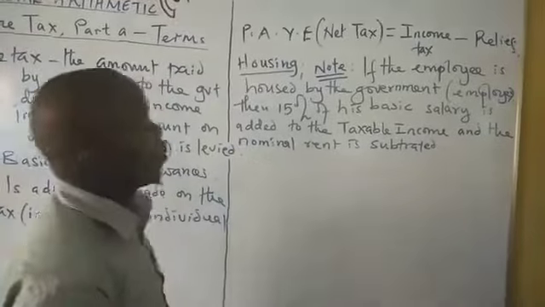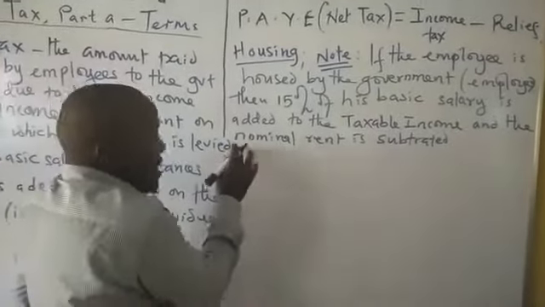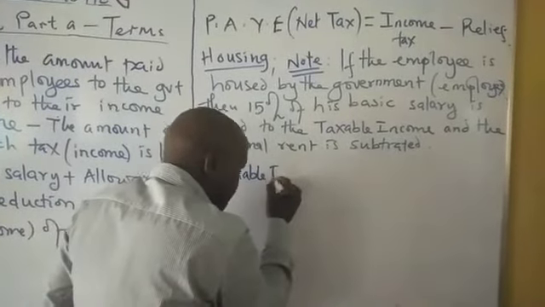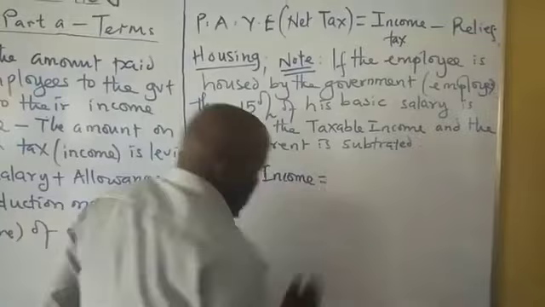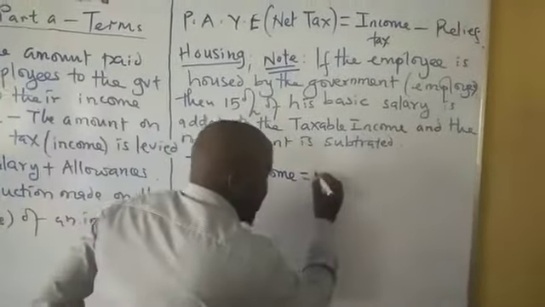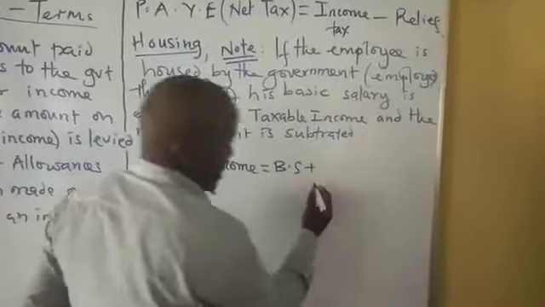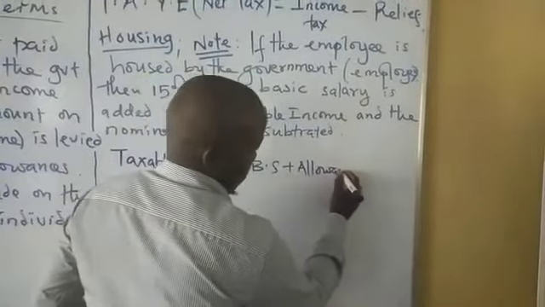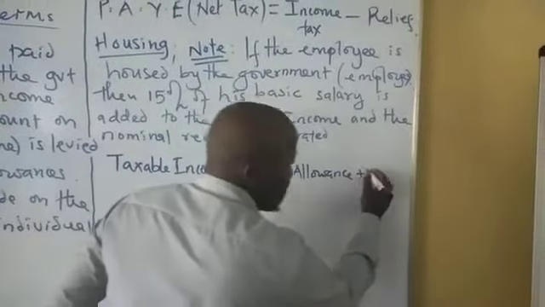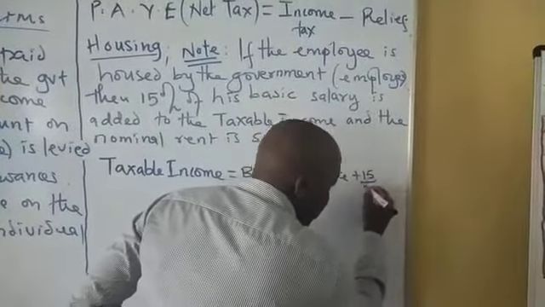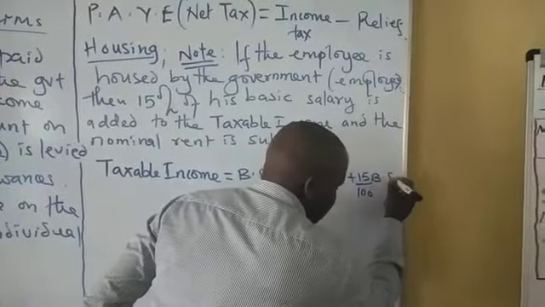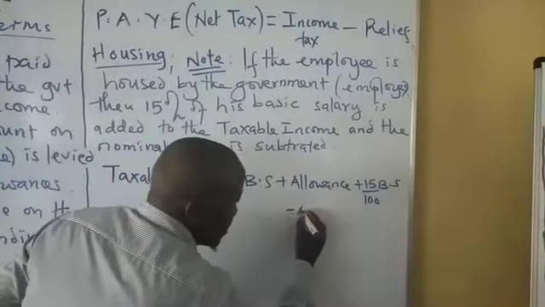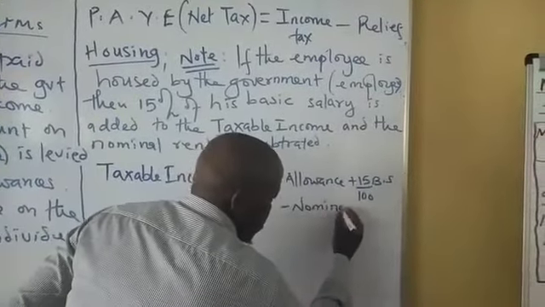In this case, the taxable income will be calculated by taking the basic salary plus any other allowance plus 15% of basic salary, which will be now house allowance, minus nominal rent.